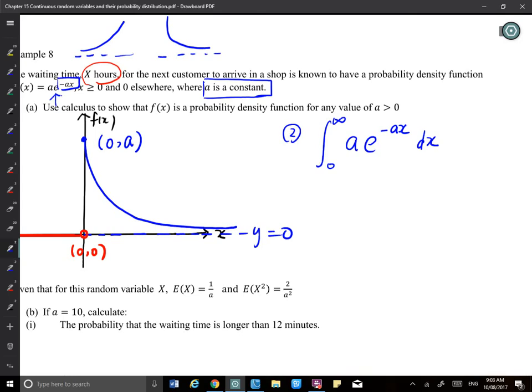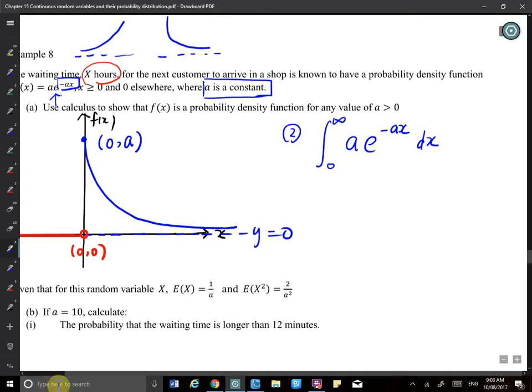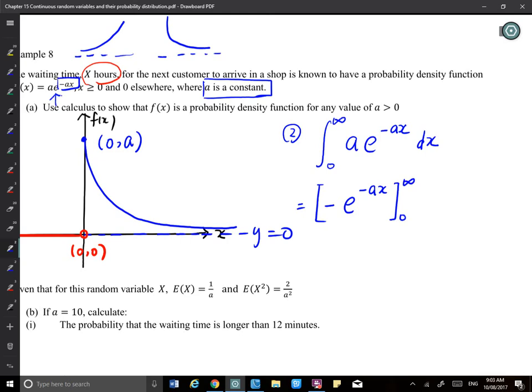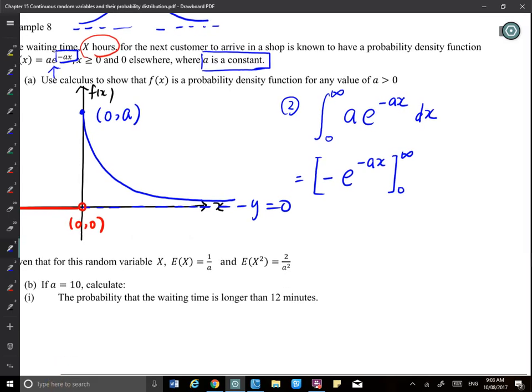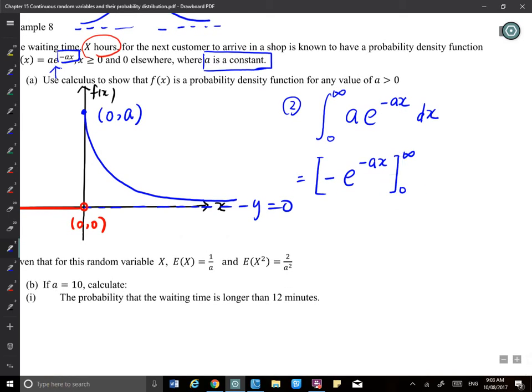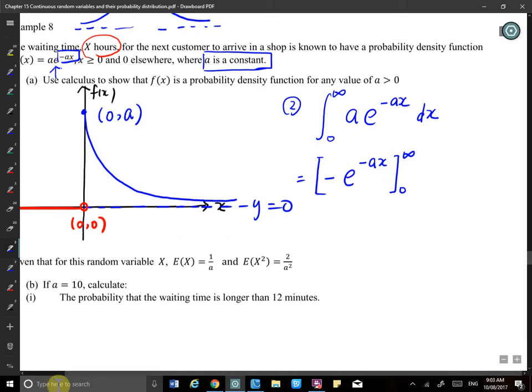For the integral of that, you need to divide by negative a. So you have negative e to the negative ax, evaluated between 0 and infinity. Let's just substitute.